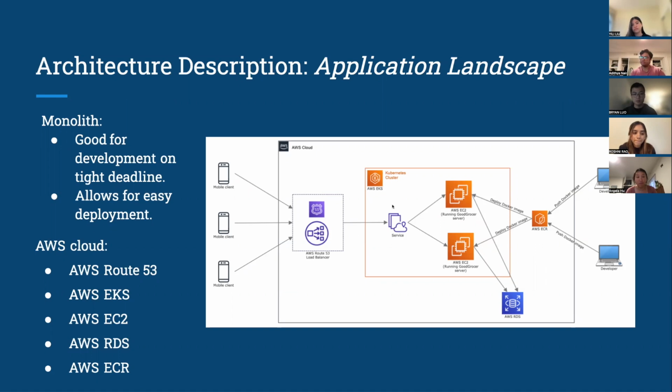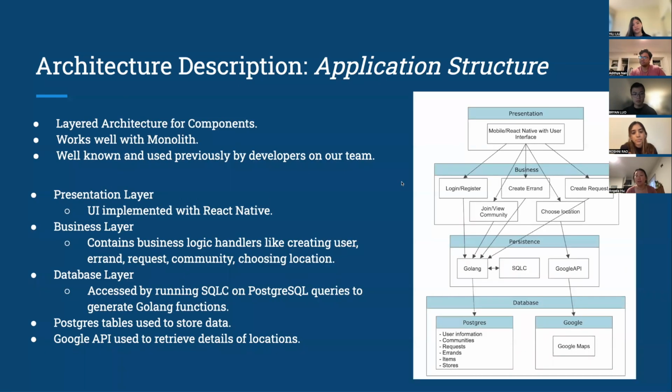So for our application structure, we used a layered architecture. This is because it works well with monolith architecture, and it also has been used by members of our team previously, so it's easy to ramp up on. So we had 4 different layers.